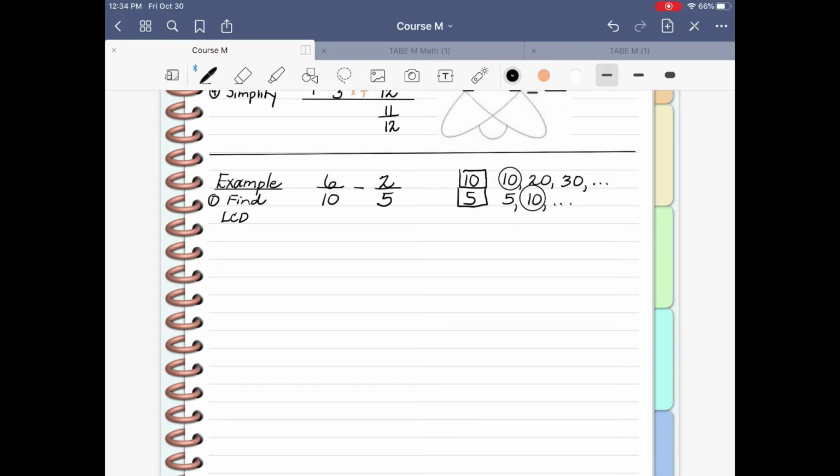So I'm going to say 6 over 10 minus 2 over 5, and we need to raise both of these to tenths.